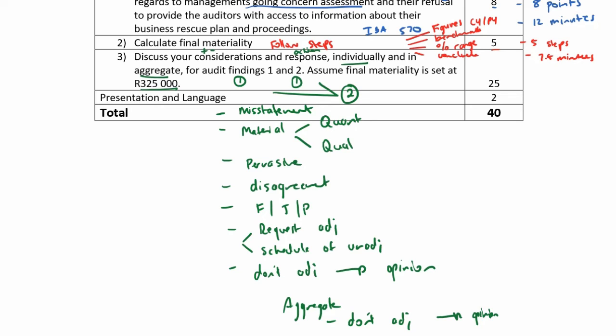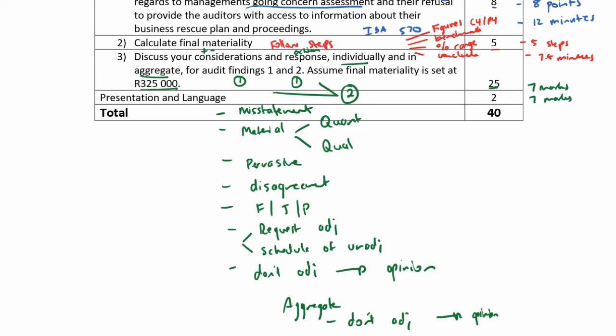Okay, so 25 marks, guys, initially looks quite daunting, but when you consider, they want your considerations. What do you feel? What do you understand? What are your thinkings? Because you have looked at audit findings 1 and 2. And ultimately, are you now finding misstatements or not? I look at each of them, and that's generally about 7 marks. And then I need to look at in aggregate.